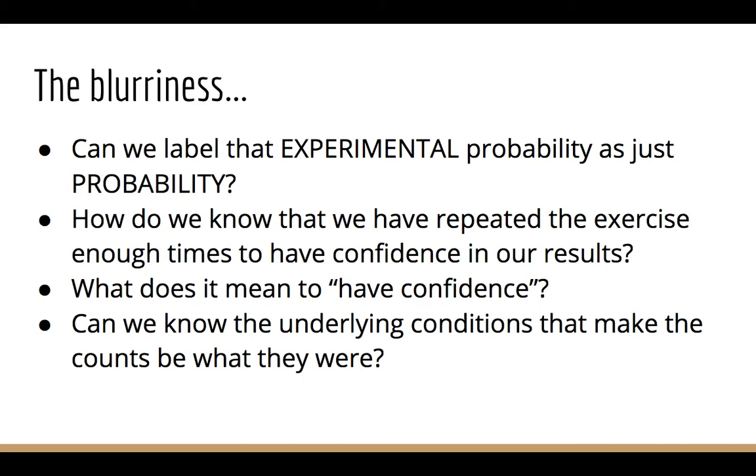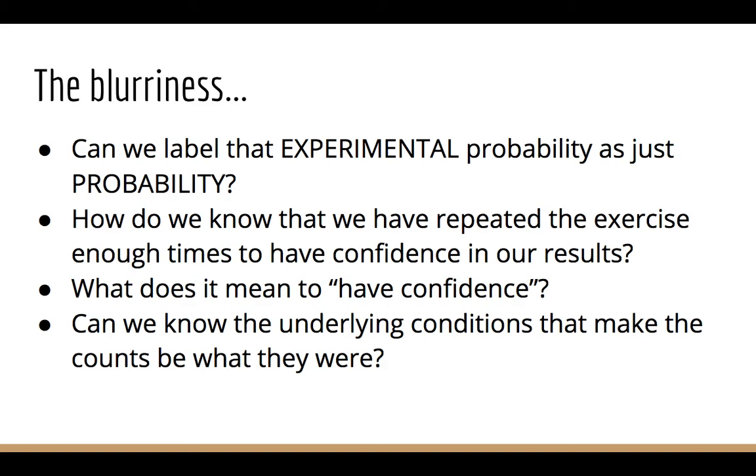So maybe, but not quite. How do we know that we have repeated this exercise enough times to have confidence in our results, and what does it mean? Well, these are all things that we can actually study in theory for statistics to be helpful to answer these questions and to come up with probability models.